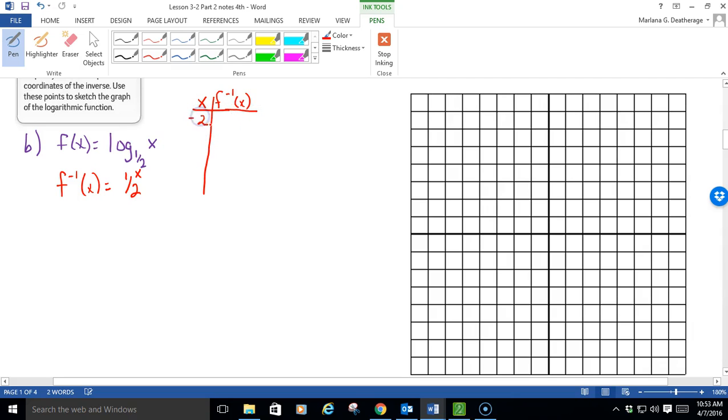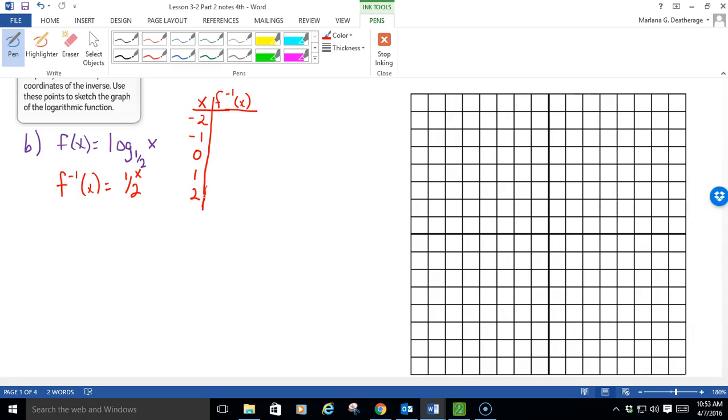So let's do -2, -1, 0, 1, 2. You can just use the calculator if you want to put 1/2 to the negative second power. What do you get? Some of you may do that in your head. Flip the 1/2 and square it, basically.